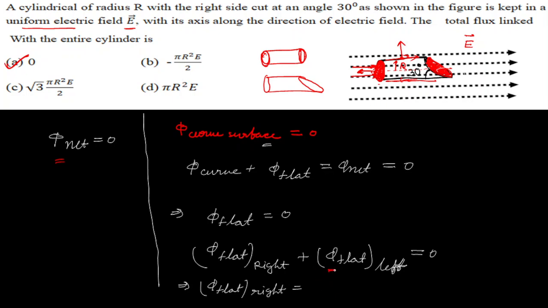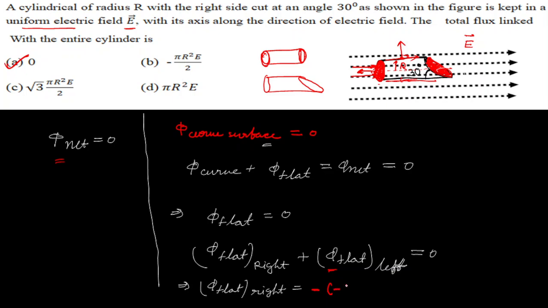When you take this quantity to the right side, we get one negative sign, and then the dot product of the electric field and the area of the left side surface gives another negative sign.